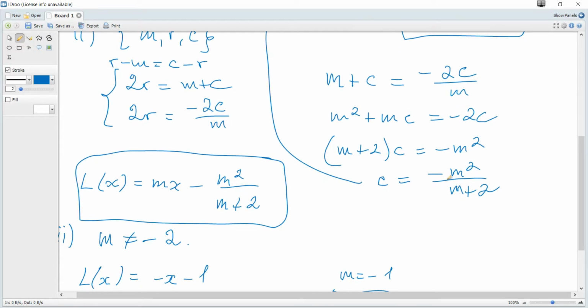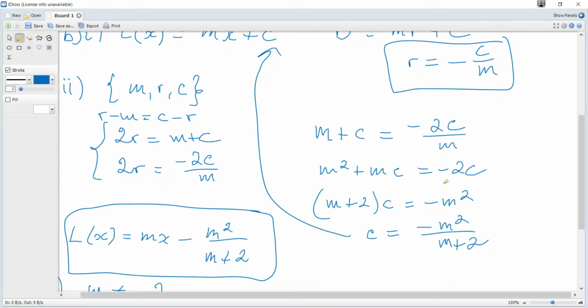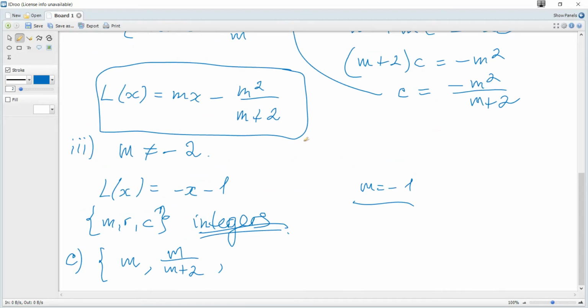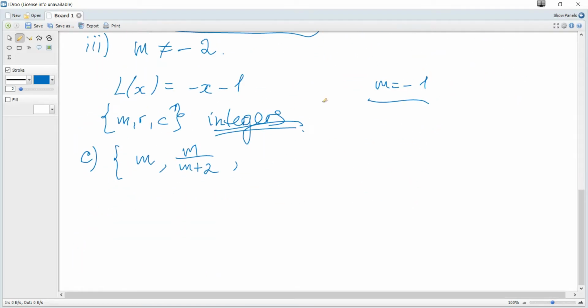C is this, so it's just m over m plus 2, and the y-intercept is -m squared over m plus 2, and we need integer values, and when m is -1, we get -1, -1, -1.